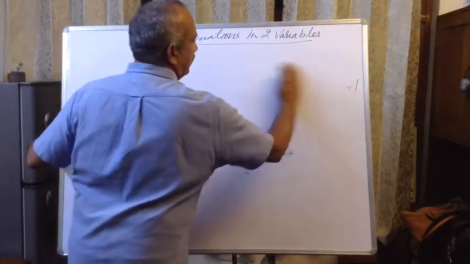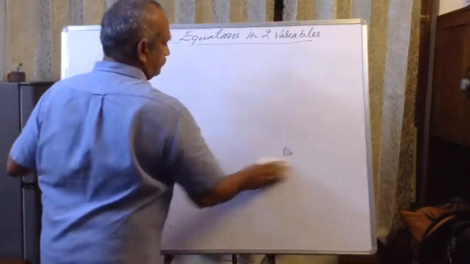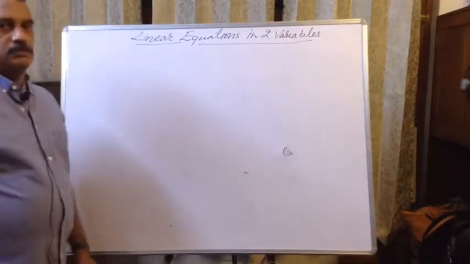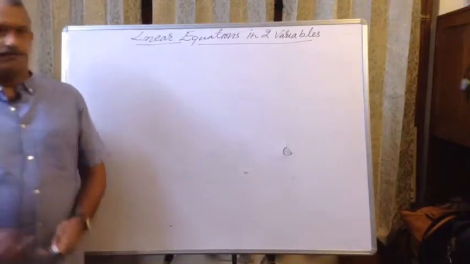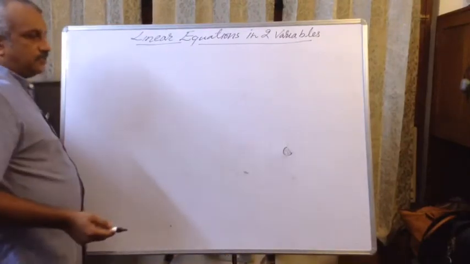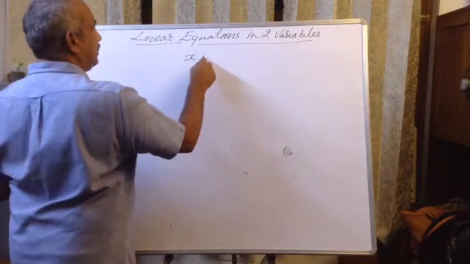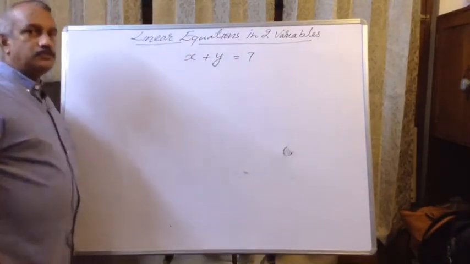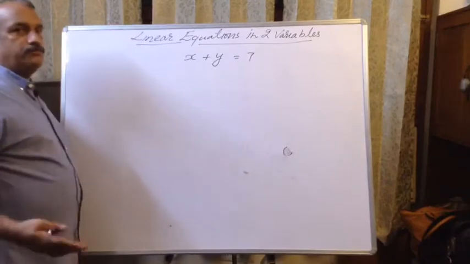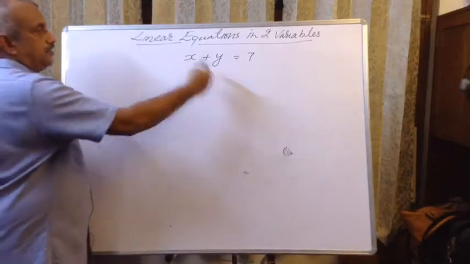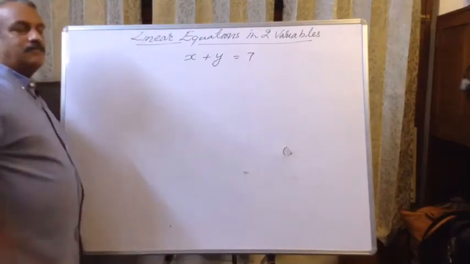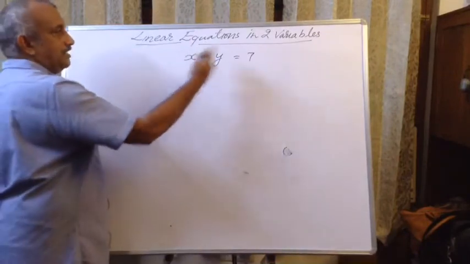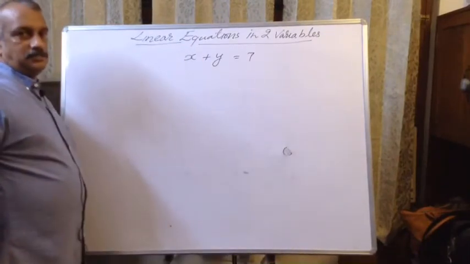Now next one is how to find out the solutions of a linear equation in two variables. So let us take x plus y is equal to 7. Now how many solutions does it have? Now what do you mean by solution? Solution is the values of x and y for which the LHS is equal to RHS.